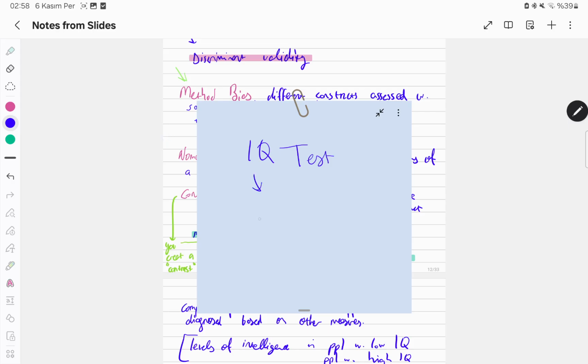If we have successfully made a good IQ test, then we should definitely see a difference between people who we have successfully assigned as a lower IQ level group and a higher IQ level group, right? I'm sorry, my handwriting is not very pretty.